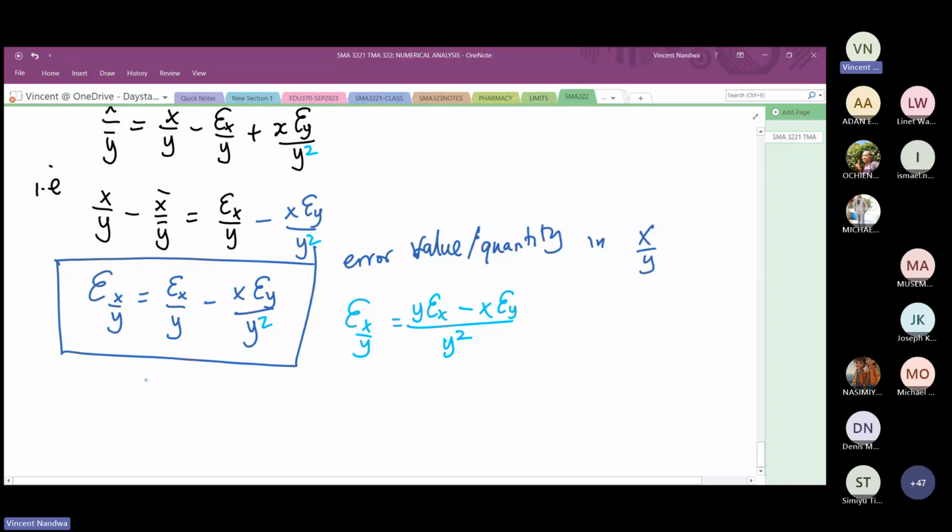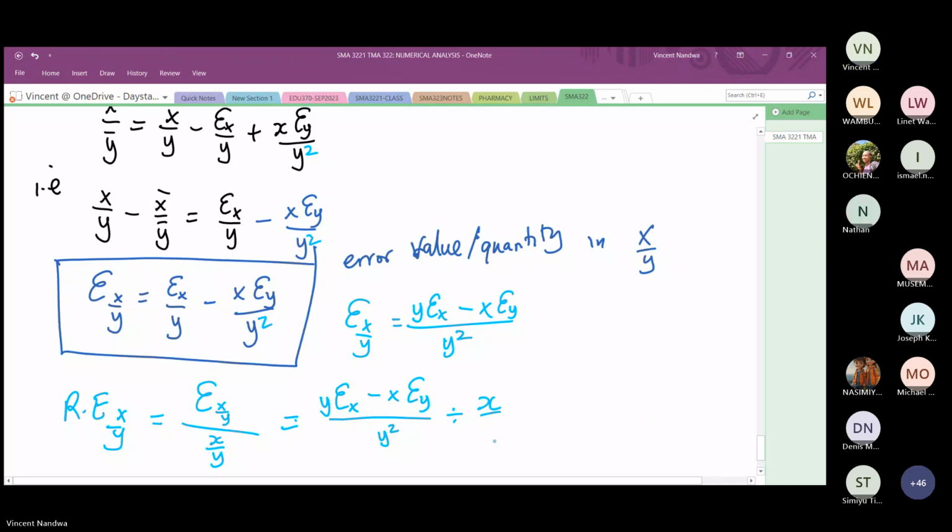So if you are to define the relative error in x over y, it will be error in x over y divided by x over y, which will be y error in x minus x error in y divided by y squared, divided by x over y.